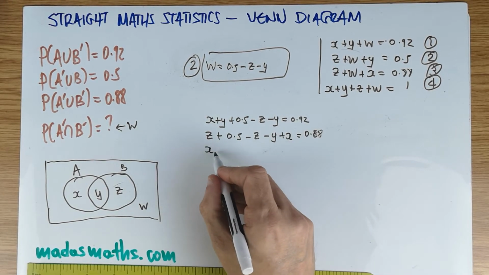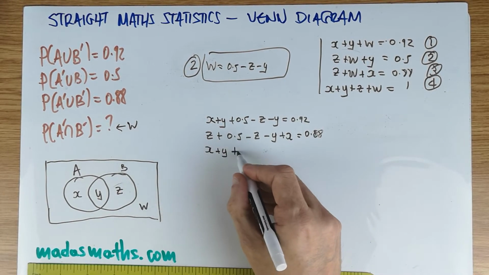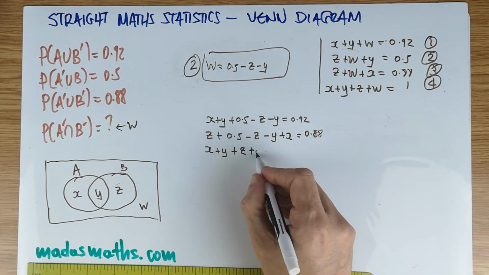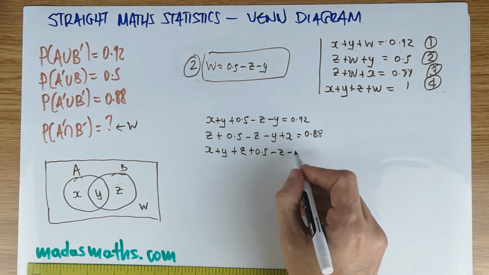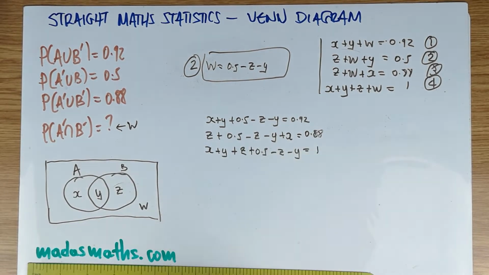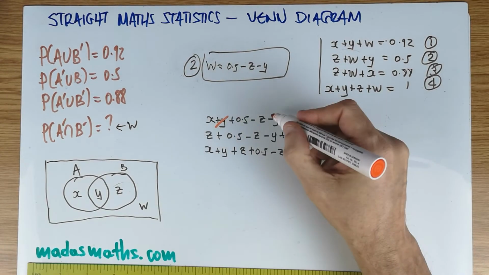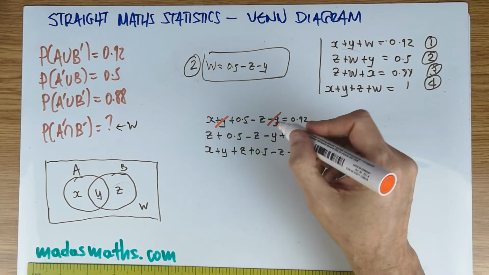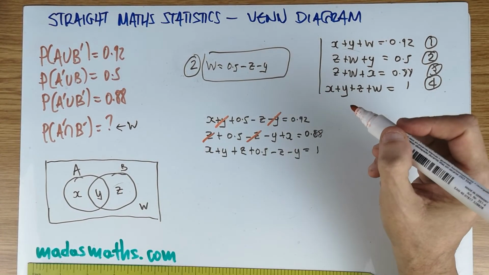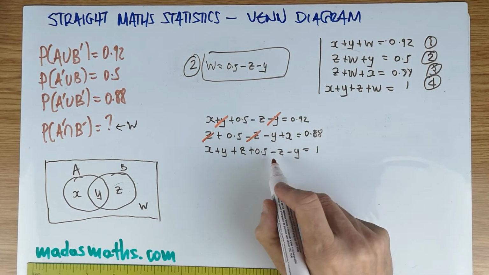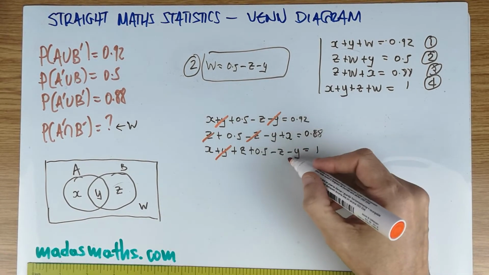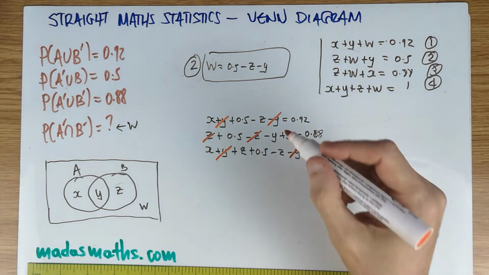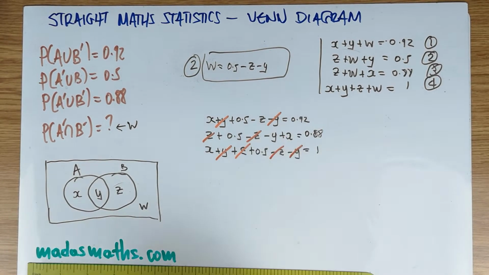And lastly, X plus Y plus Z plus the W, so that's all of that, is equal to 1. And there are a few cancellations now to take place. The Y's will go from this one. From this one we'll lose the Z's. And do we lose anything else? No. And the Y's disappear from this one. And of course the Z's disappear from this one.